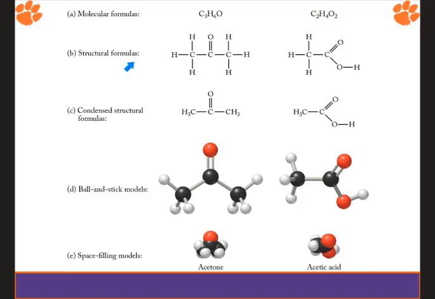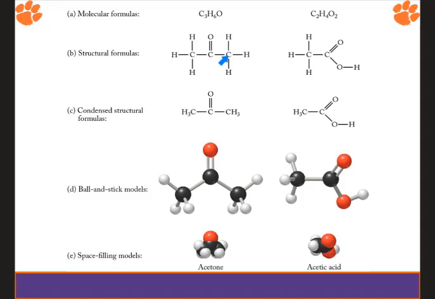Moving down, we have our structural formulas. Again, for acetone, we have our 1, 2, 3 carbons, our 1, 2, 3, 4, 5, 6 hydrogens, and our 1 oxygen. But this shows us how they're bonded together. This carbon is bonded to an H, another H, another H, and a carbon. This carbon's bonded to 2 C's, and it's got a double bond here, so 2 bonds to oxygen.